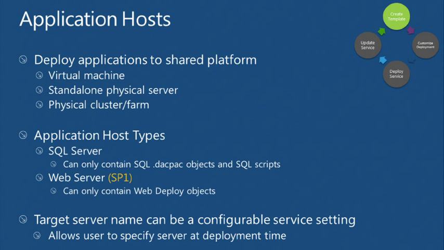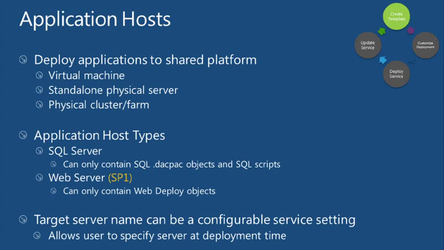And in 2012 RTM, we have one type of application host, and it's what we call a SQL application host. And this allows you to deploy databases and execute T-SQL scripts against an existing SQL server in the environment, whether it's virtual, physical, clustered, managed by VMM or not. So this allows you to take databases and deploy them to shared SQL servers that happen to be in the environment. That's the only type of app host we had available in 2012 RTM.